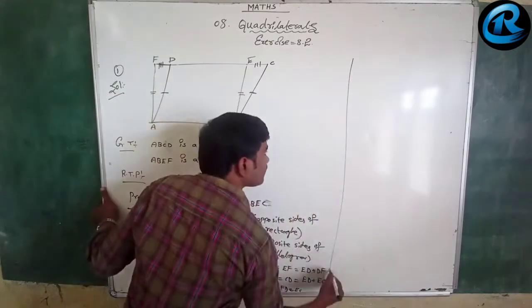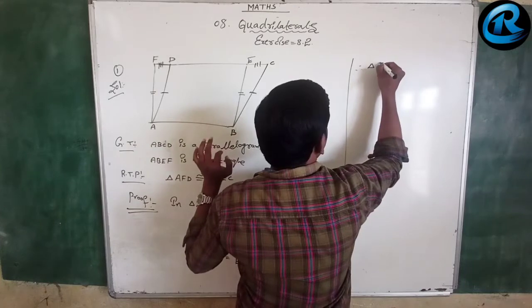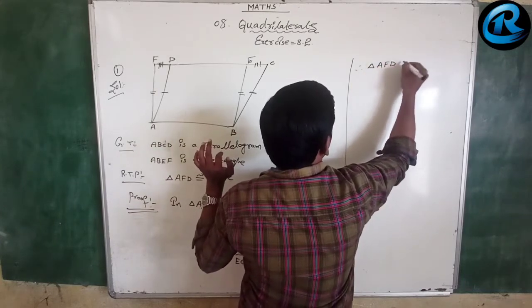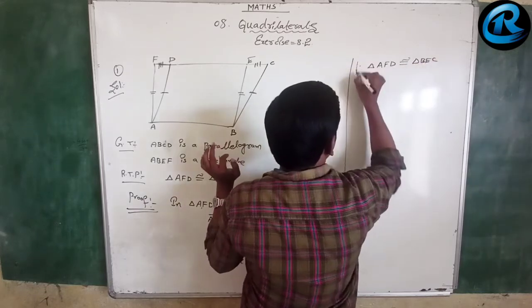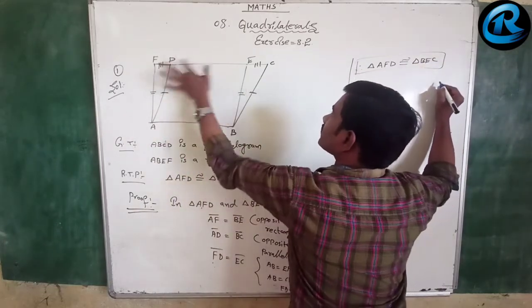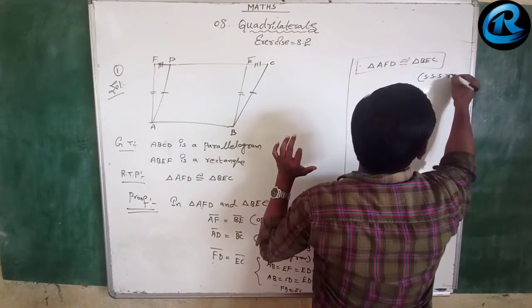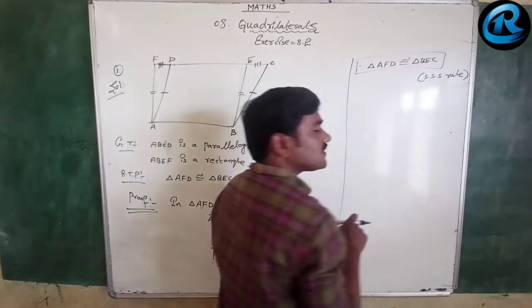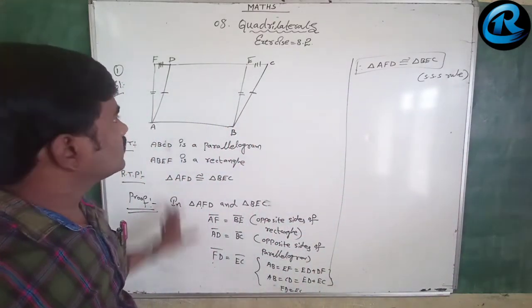Now we can say that therefore the triangle AFD is congruent to triangle BEC by the side rule. By the side rule, these two triangles are congruent. So finish it.